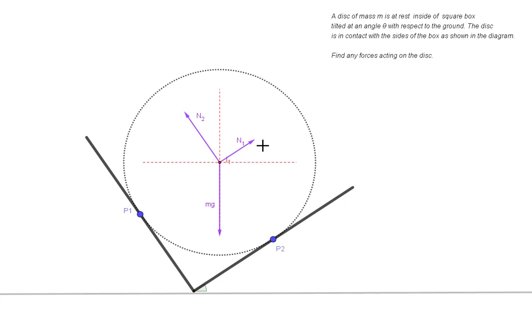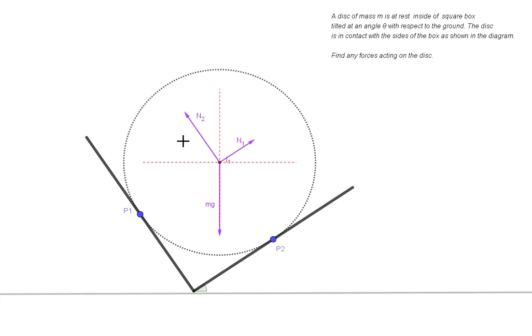On the other hand, N1 and N2 are not aligned with the red axes. N1, for example, will have some component horizontally and some component vertically, and likewise for N2. So if we choose these regular Cartesian coordinates as our coordinate system, we'll have one component for mg, 2 for N1, and 2 for N2.